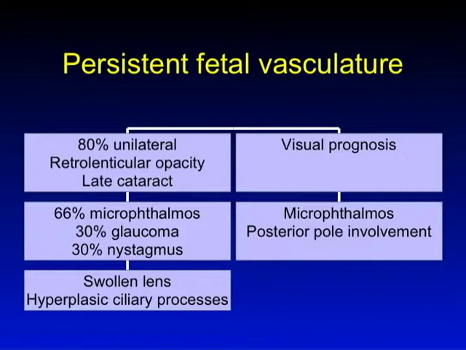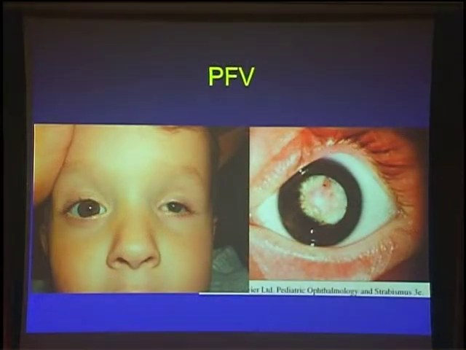The anterior PFV is diagnosed by microphthalmos or microcornea, hyperplasia of the ciliary processes. There may be a cataract, but what you really see is a membrane that is posterior to the lens, that is part of the hyaloid artery coming forward.